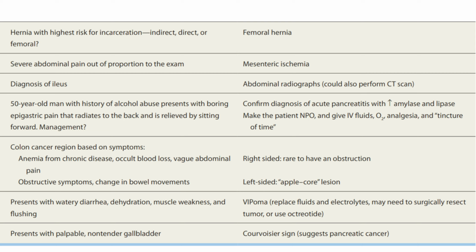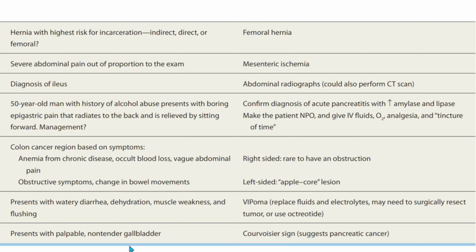So confirm the diagnosis of acute pancreatitis with elevated amylase and lipase. Make the patient NPO and give IV fluids, oxygen, analgesia, and tincture of time.